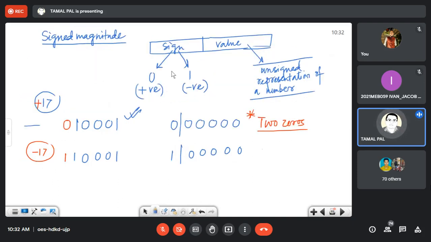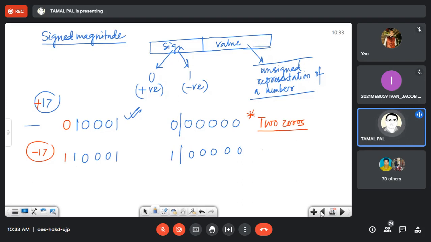Now you can check that this is the sign bit of sign magnitude representation. Sign bit is 0 if the number is positive, sign bit is 1 if the number is negative. So when we prepared plus 17, we wrote the value and then placed 0 before it, because it is plus 17, and we didn't do anything on the pattern, on the value.